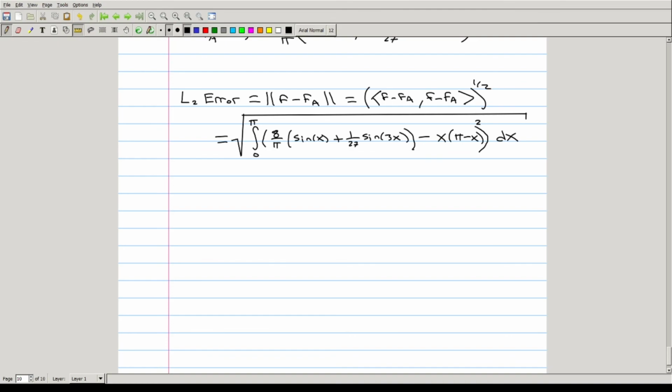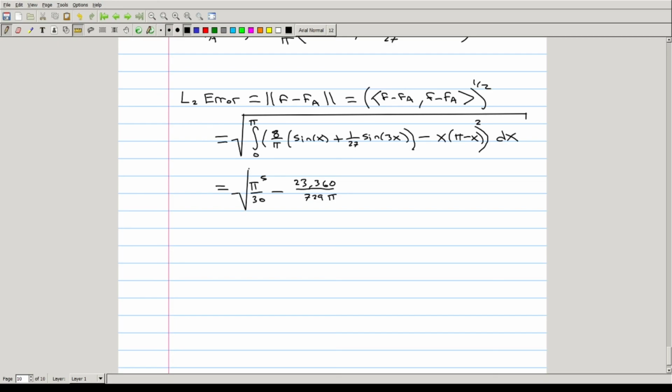So in order to evaluate this integral, I would expand this square right here, and it is rather long when you go through and do the integral. You have to break it into a number of different pieces, but when all is said and done, you get the exact value, pi to the 5th over 30 minus 23,360 over 729 times pi, and it's the square root of this.